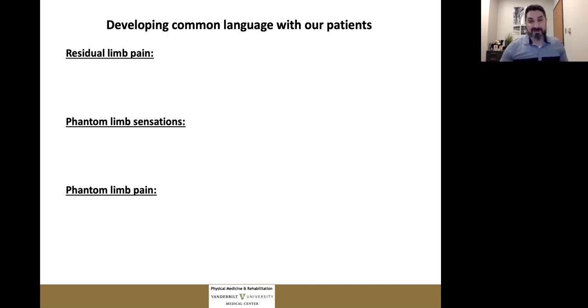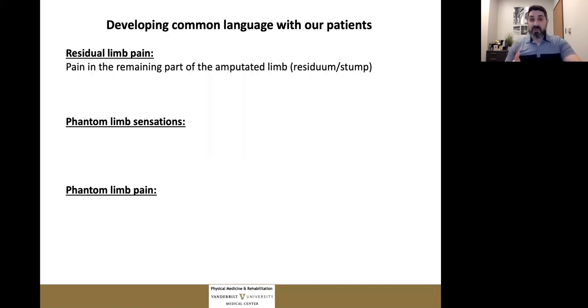Obviously, there are three big buckets that we talk about: residual limb pain, or stump pain. Happy to call it a stump if they're okay with it. So residual limb pain is pain in the actual remaining part of the amputated limb, documented as a residuum. But here's the kicker.